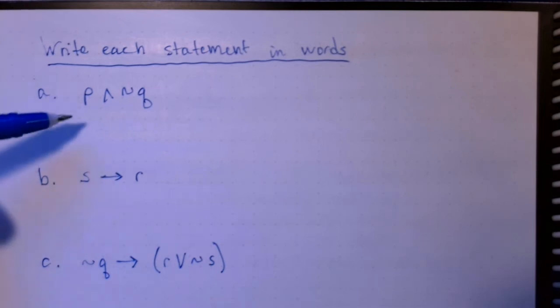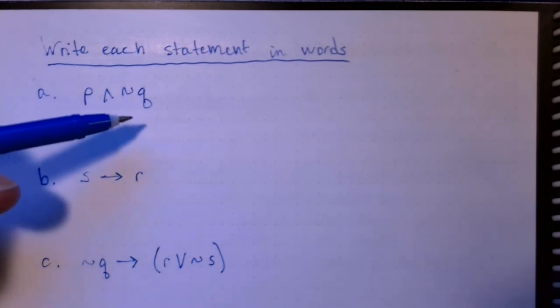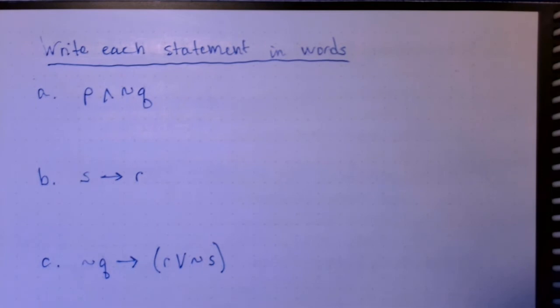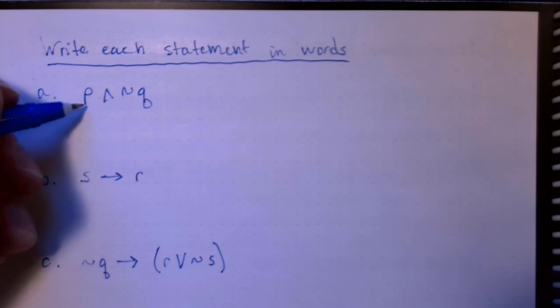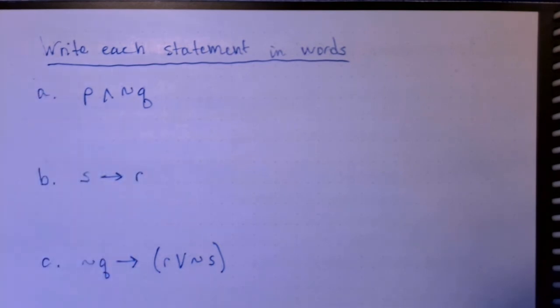So P and not Q. All right, now you might need to go back a little bit when we introduce the statements. Okay, P is, it is Friday. Q, it is raining.